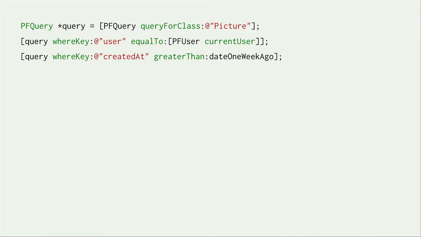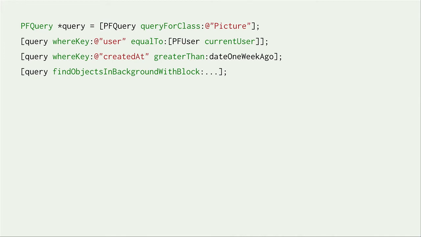So only my photos, that's what I want to get back. And actually, I only want those that were created in the last week. So you can see there are two constraints: equal to the current user, greater than a week ago. And you just call findObjectsInBackground. That's going to talk to Parse, get the objects, and return everything that matches.